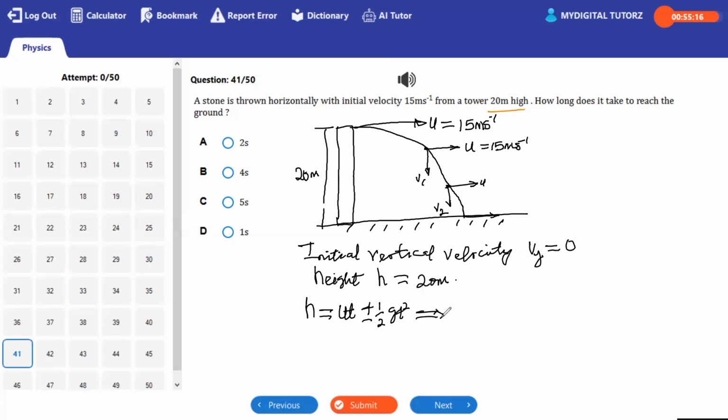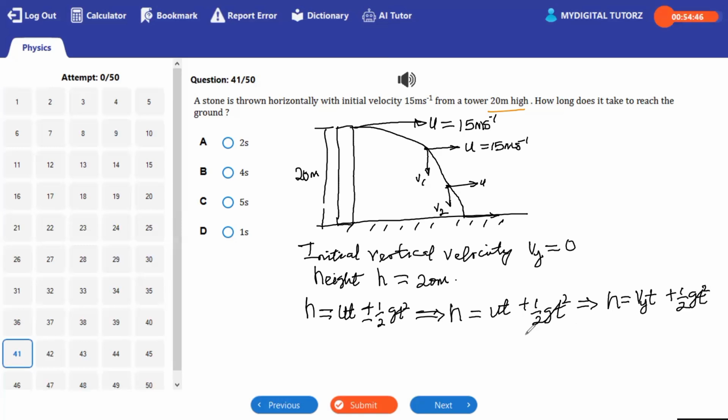So in that case, we're going to use h equal to u t plus half g t squared. So I can write this formula as h equal to the initial vertical velocity, vy, multiplied by t, then plus half g t squared.